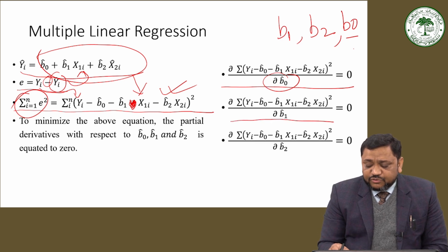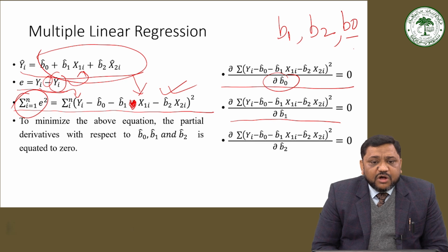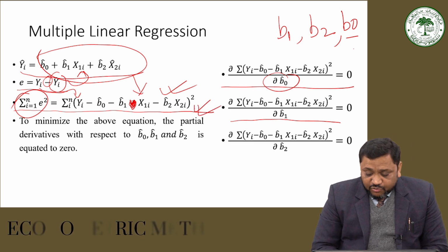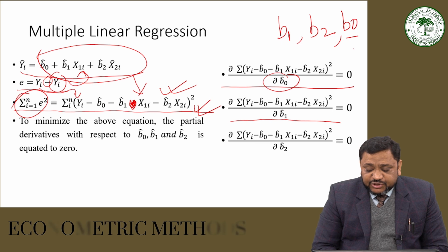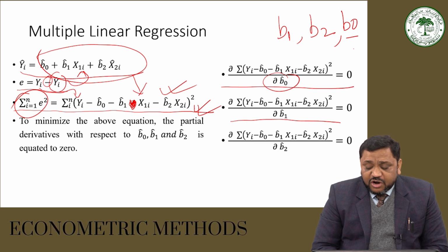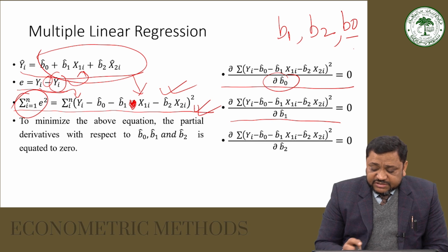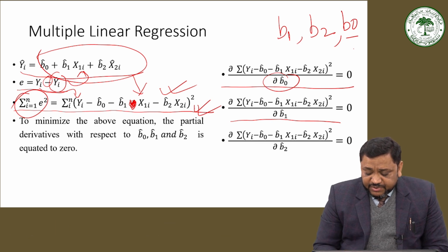Next we do the partial derivative of the same equation with respect to beta 1, so we get ∂ summation (yi minus b0 hat minus b1 hat x1i minus b2 hat x2i) raised to the power 2, divided by ∂ beta 1 hat.